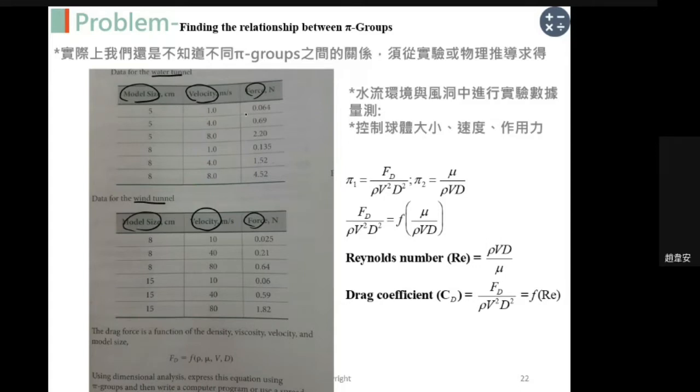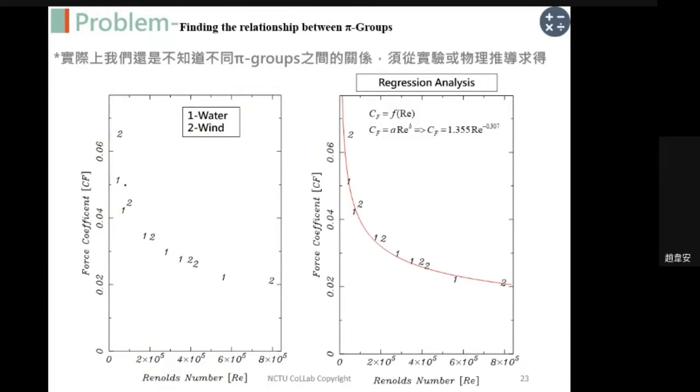Based on those parameters, we compute the pi1 and pi2 values for each data point, and then we draw the scatter plot. The y-axis is the force coefficient, and the x-axis is the Reynolds number. Different label numbers indicate the data are from different conditions. The one is from the water tunnel, the two is from the wind tunnel, and we do a regression analysis.